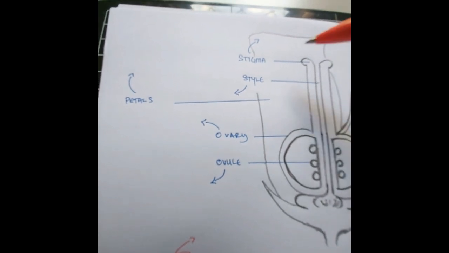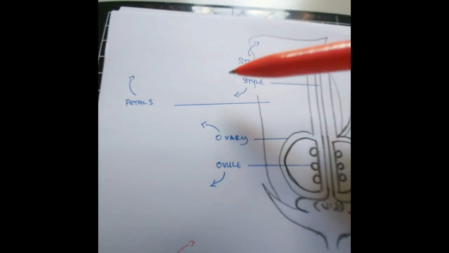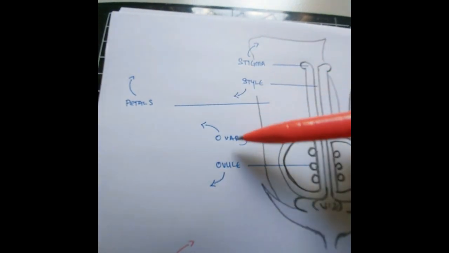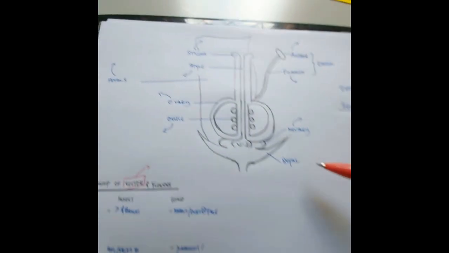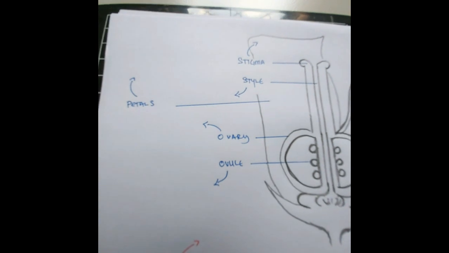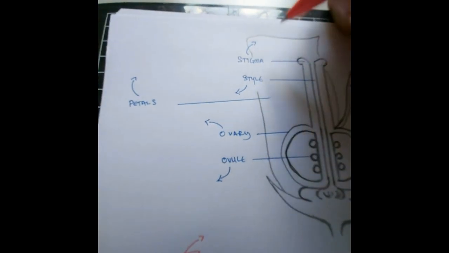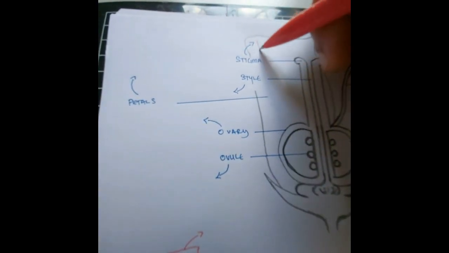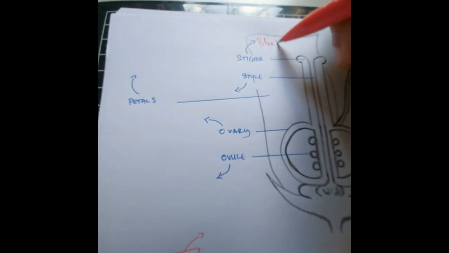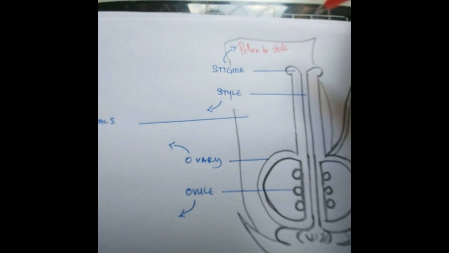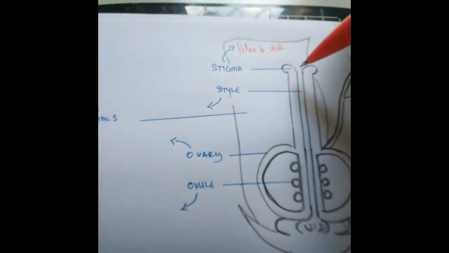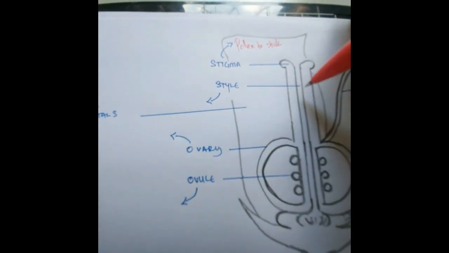You have the stigma, the style, the petals, the ovary, the ovule, and from the other side you have the nectary and also the sepal. First of all, look at the stigma. The stigma is where you will get the pollen to stick, and then the pollen will fall into the style.